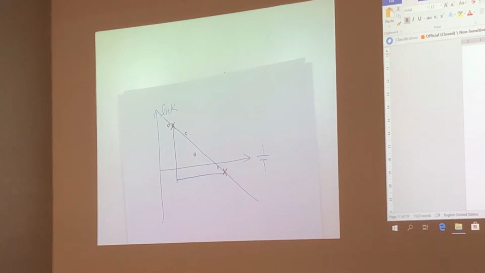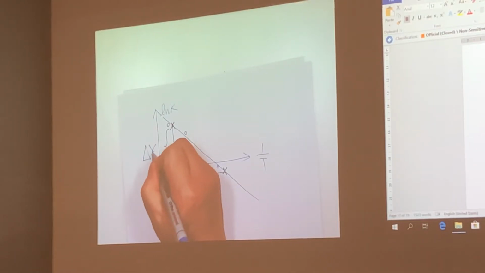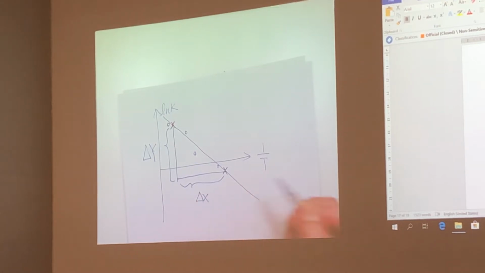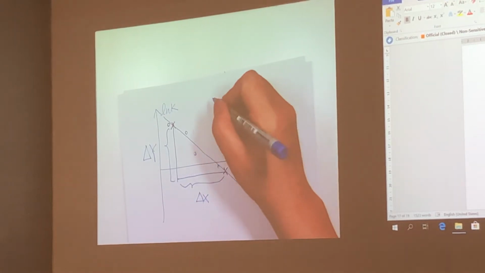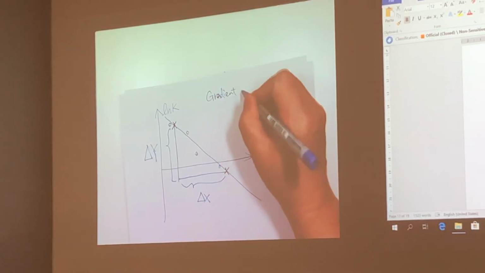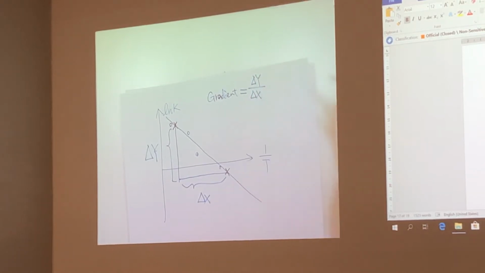After you draw the triangle, find what is this delta y and what is this delta x. So your gradient will be delta y over delta x.